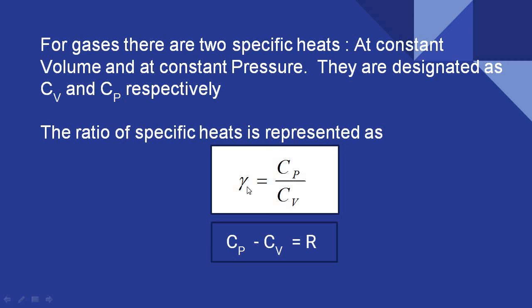In representing an adiabatic process, we have written it as PV raised to gamma, where that gamma stands for Cp by Cv. And also this difference, Cp minus Cv, is represented as R. For 1 mole, Cp minus Cv is equal to R. And this is your Mayer's relation. This R is the universal gas constant.